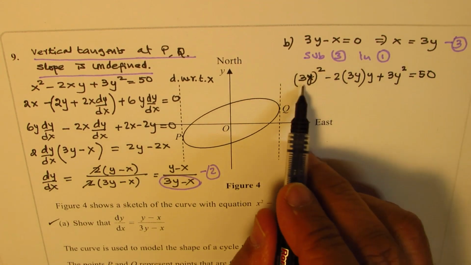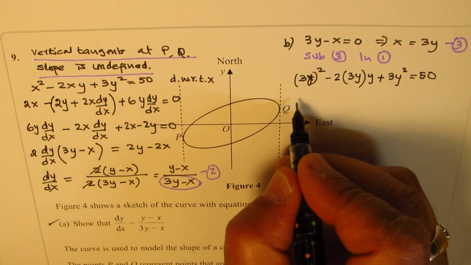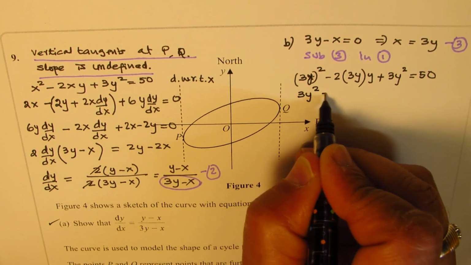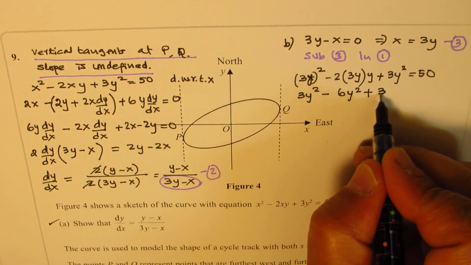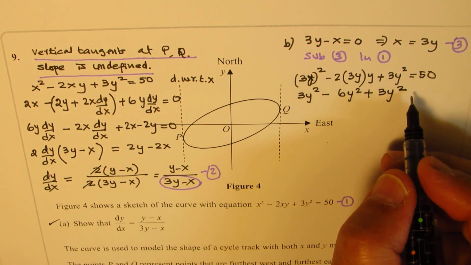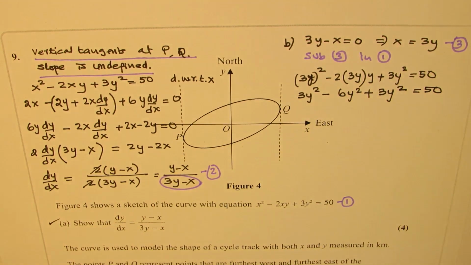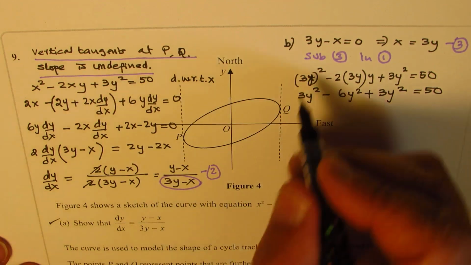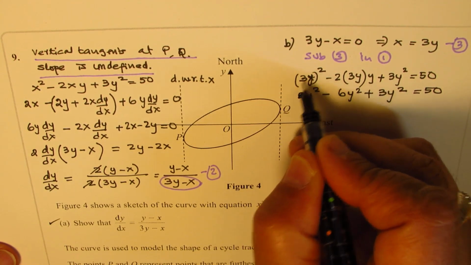Clear? Now there's only one variable to solve for. So 3y squared, rewrite: 3y squared minus 6y squared plus 3y squared equals 50. Sorry. When you square 3, it becomes 9, right? So it's not 3, it's 9. 3 squared is 9.